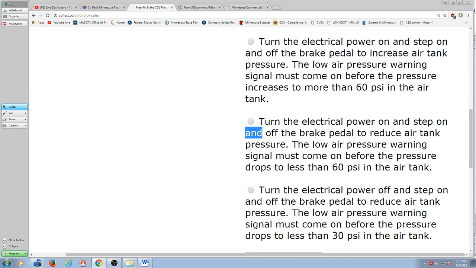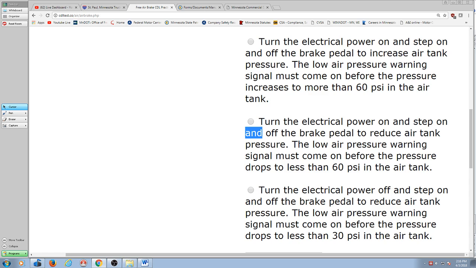Turn the electrical power on, step on and off the brake pedal to increase the air tank pressure. The low air pressure warning signal must come on before the pressure increases to more than 60 psi in the air tank. Turn the electrical power on, step on and off the brake pedal to reduce air tank pressure.